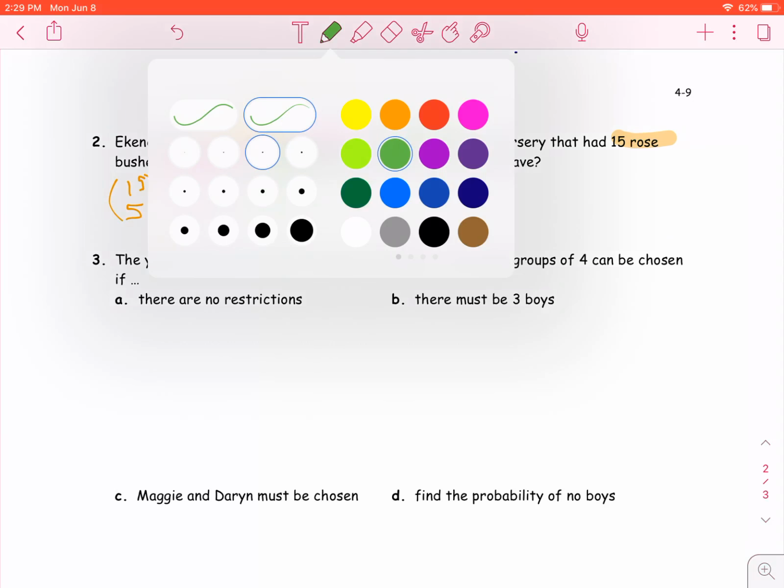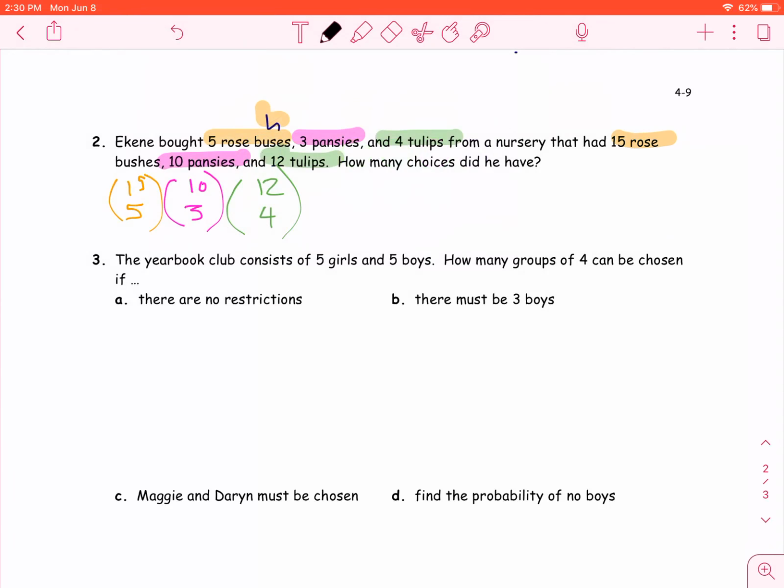Essentially what you would do in your next step is figure out each combination, and to figure out how many choices he has, you're going to take each combination and just multiply them.